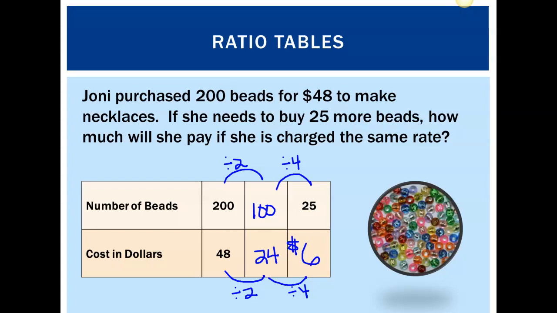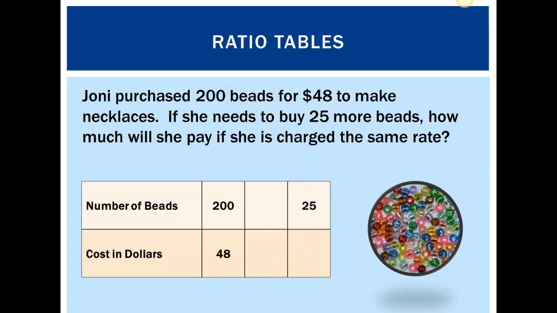That's not the only way to solve the problem, though. We could also divide both the top and the bottom numbers by 4, and we would have 50 on top and 12 on the bottom. We could then divide by 2 to get 25, and divide the 12 by 2 to find that it would cost $6. We get the same answer even though we approached it a different way and used different numbers to simplify our fraction.